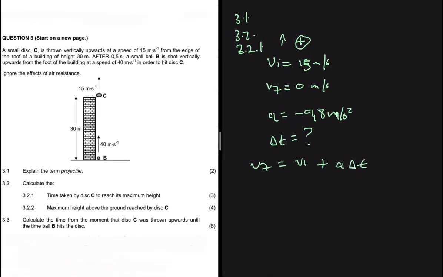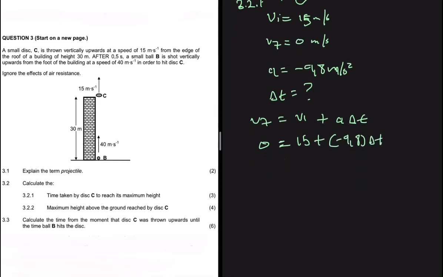So Vf is equal to 0. What is Vi? Vi is 15 meters per second plus our acceleration, which is minus 9.8, multiplied by delta t, right? So it's easy to see now that delta t is going to be equal to minus 15 divided by minus 9.8.